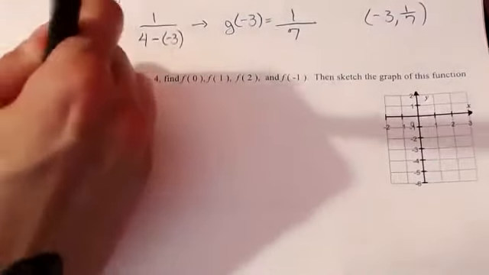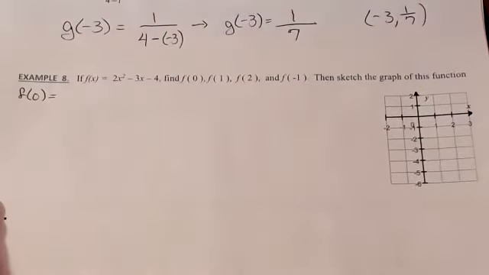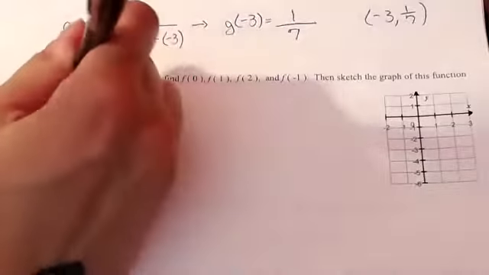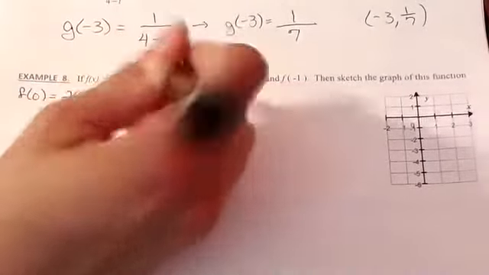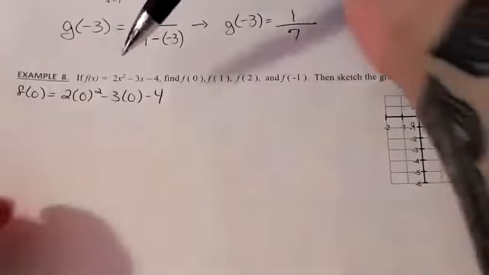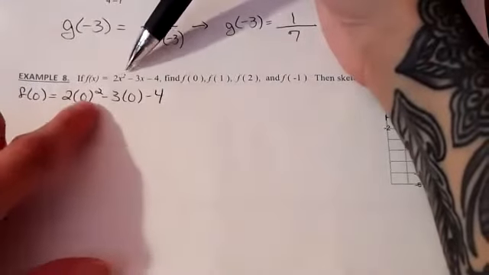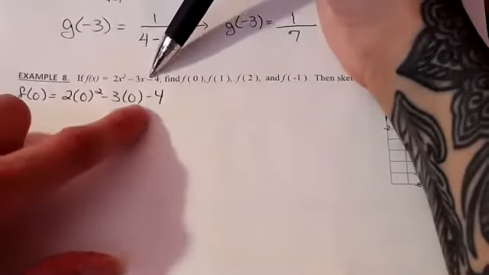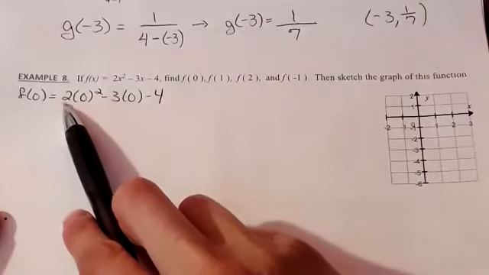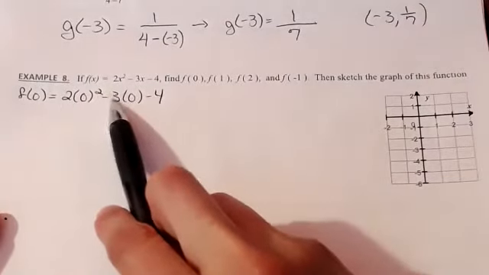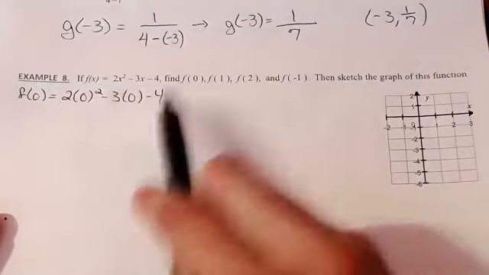So f of 0, that means our input is 0 and is going to replace every x value with 0. Notice that the function is exactly the same, 2x squared minus 3x minus 4, but wherever I had an x, I replaced it with a 0. 2 times 0 squared is 0, minus 3 times 0 is 0, and then minus 4.